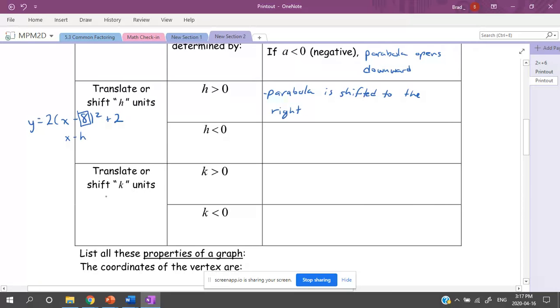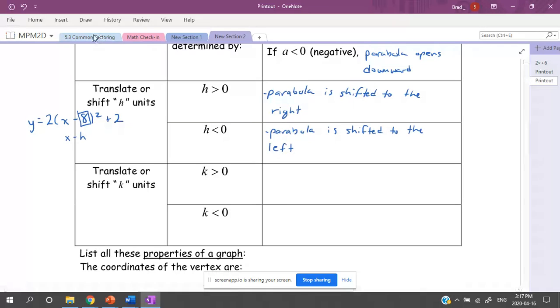That often gets people. So when h, the number h, not according to the symbol in front of it, is positive, then the parabola is shifted to the right. And if h is negative, as you can probably guess, the parabola is shifted to the left. So how do I know if h is negative? And again, this can be confusing.